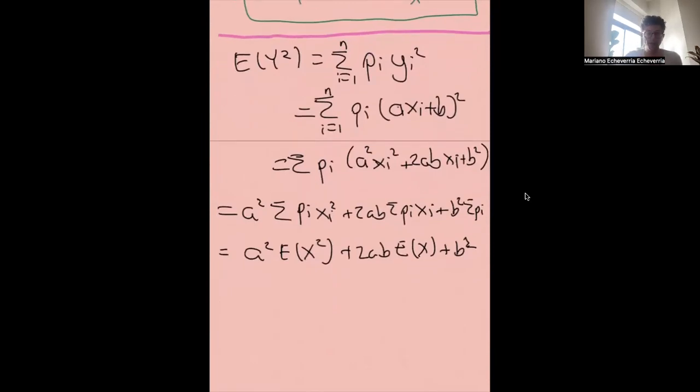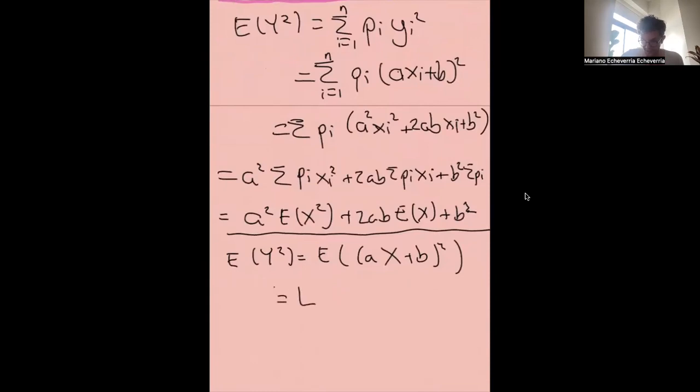Which again, is another way to have derived that if you didn't want to do it in the cumbersome way. Like to say, well, this is like (ax plus b) squared, right? And so this is E of (a squared x squared plus 2abx plus b squared).